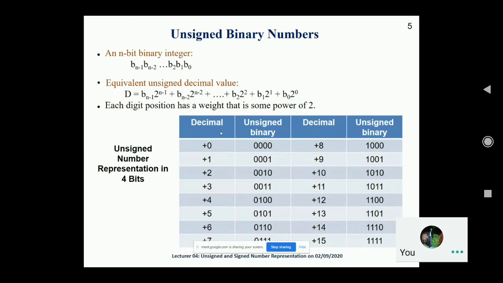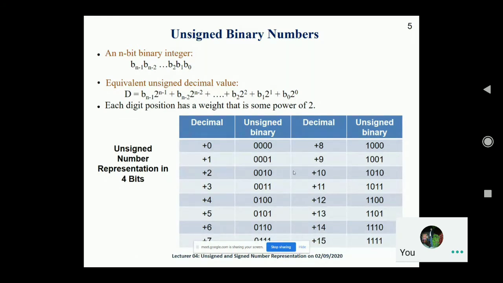Now, third point: each digit position has a weight that is a power of 2. Suppose in this particular table I am using only 4 bits, so 4-bit unsigned binary numbers. From decimal plus 0, plus 1, plus 2, plus 3, as usual. 0, 0, 0, 0 is the first combination because here n equals 4, then 0, 0, 0, 1, something like that.